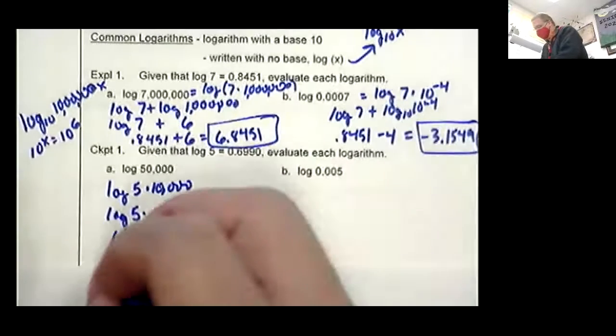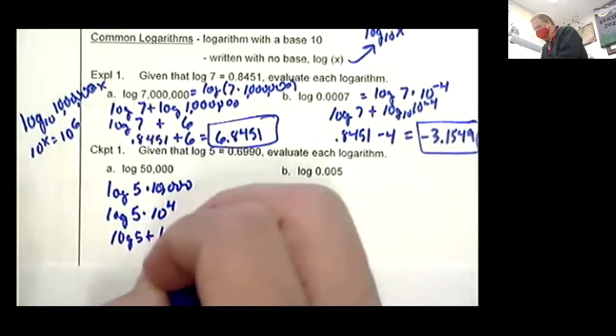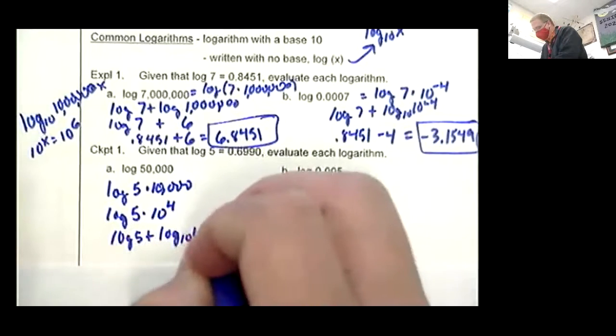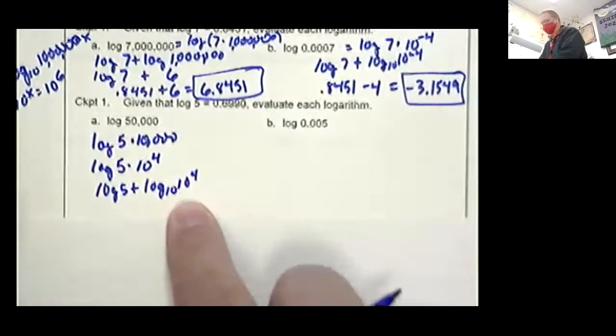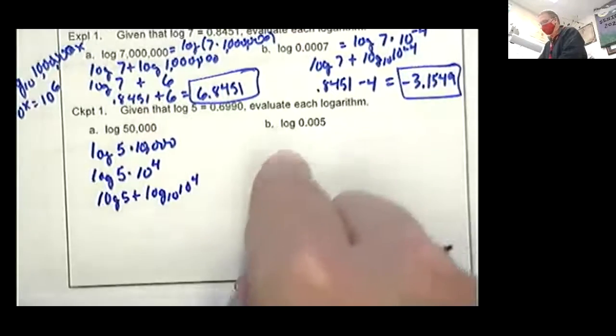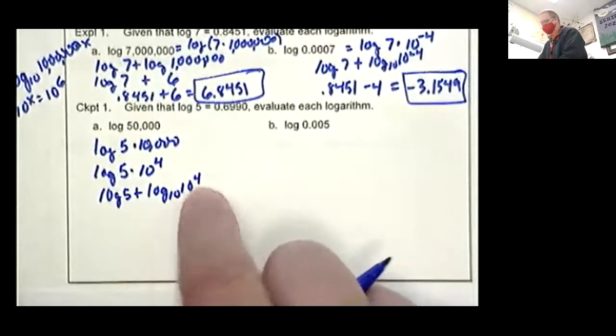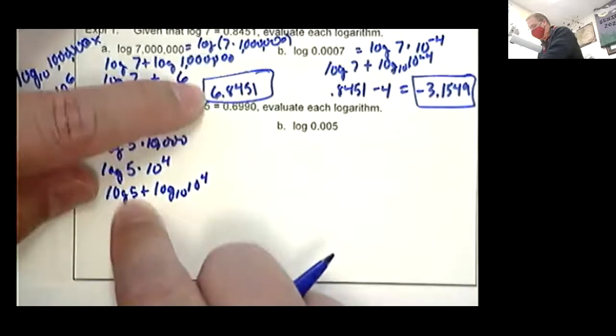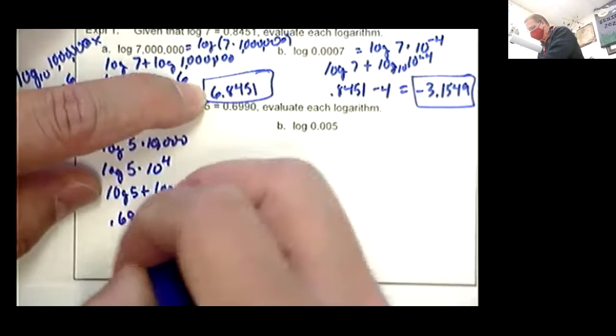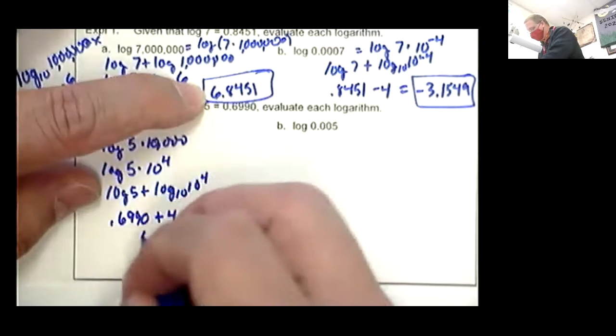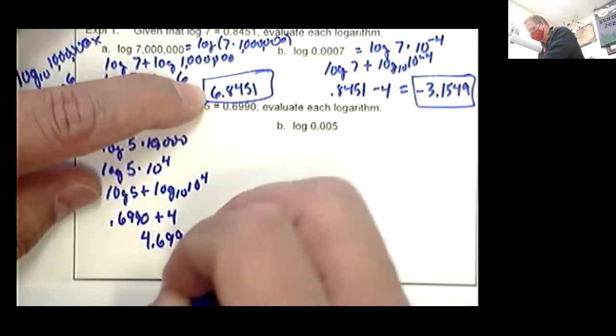That becomes log of 5 plus log base 10 of 10 to the 4th. If you remember from college algebra, we had a property that said if the base and the argument are the same, then it's just the value of the exponent. Log of 5 is 0.6990 plus 4, which is 4.6990.